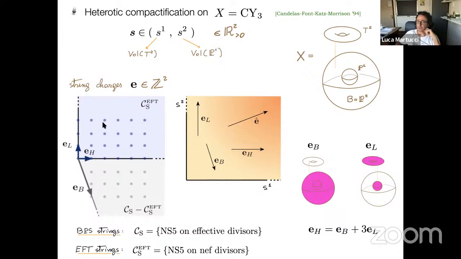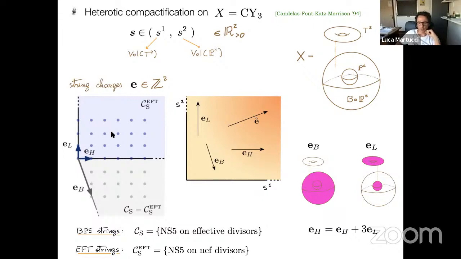Instead, the EFT string charges, the ones which admit this nice weakly coupled incorporation into effective field theory, correspond to this set of charges and can be obtained basically by discretizing this axionic cone.